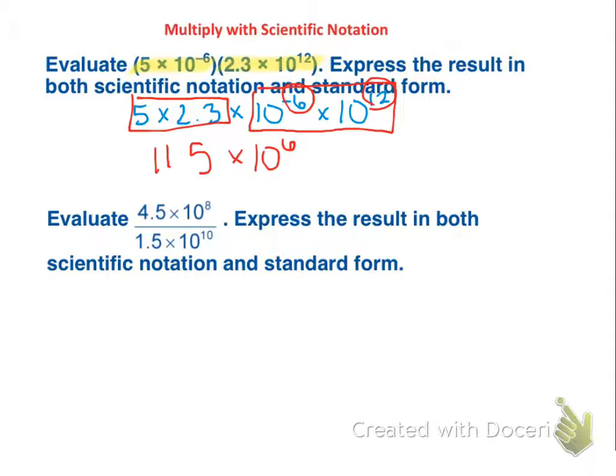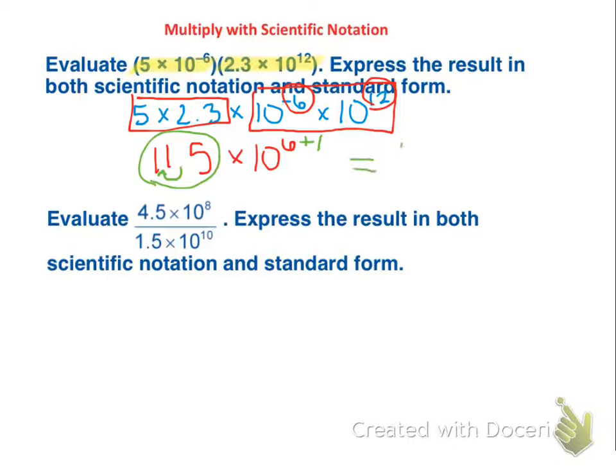Now we only have a small problem here. The problem is our A has to be between 1 and 10. So I need to move that decimal 1 place to the left, making it smaller. So to balance it, I need to make the exponent 1 place bigger.